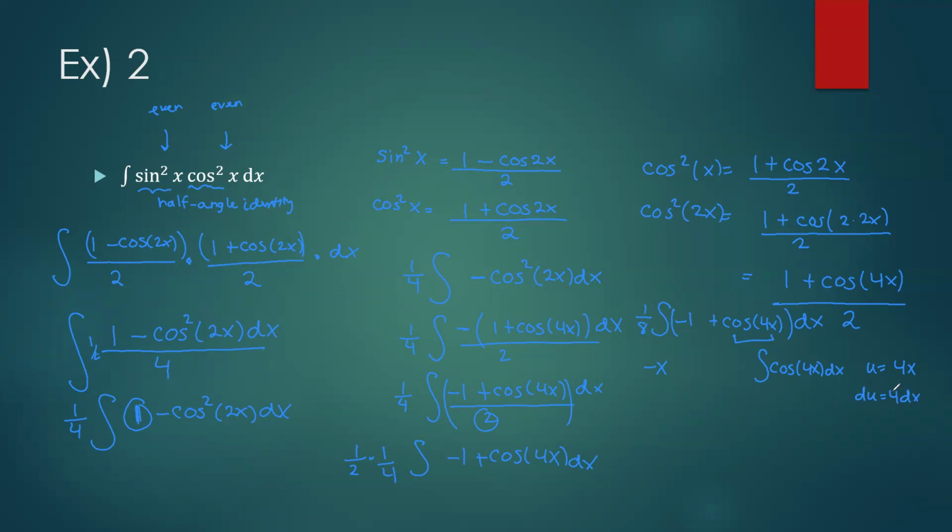And then I have to get rid of this 4 by multiplying both sides by 1/4. This is 1/4 du. 4 times 1/4 is dx. So it's going to be cosine of u, and then you replace dx with 1/4 du. And then 1/4 is a constant, so you put that outside.